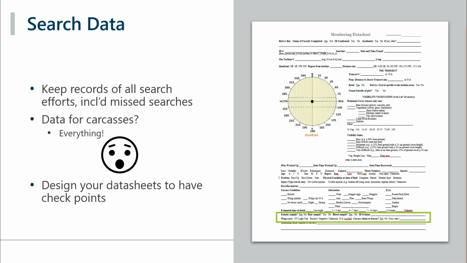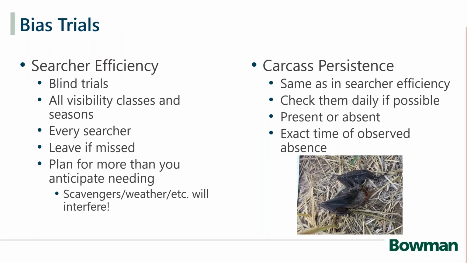Was it collected or was it left in place for bias trials? And the best advice that I can give when it comes to data collection is to design your data sheets so that they double and even triple verify information so that when errors occur, you can correct for them. For example, have multiple places to write down turbine number, distance, and azimuth from the turbine, as well as a plot that you can use to compare those two.